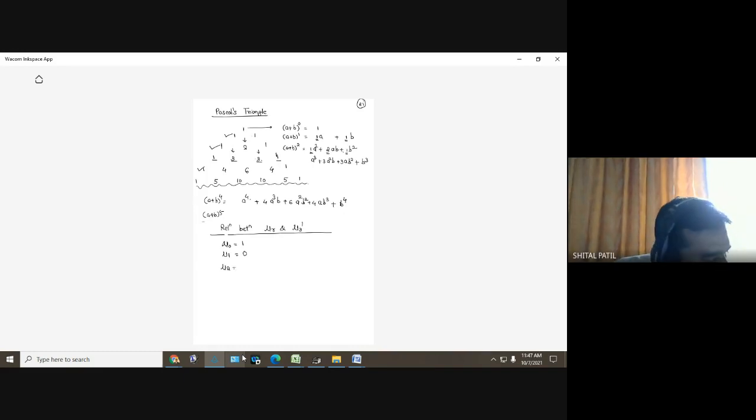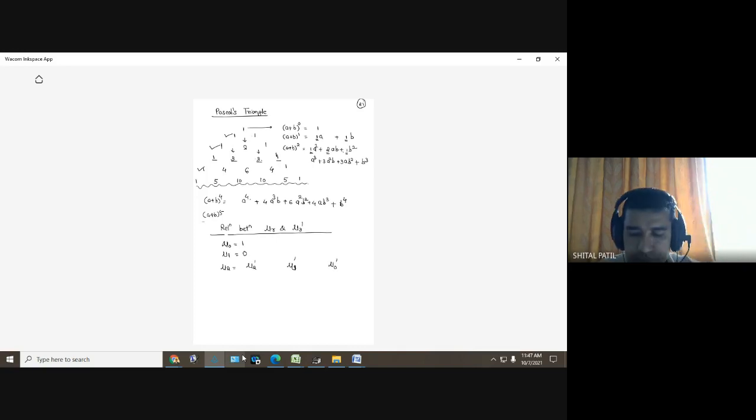Mu 2 is equal to, see, now understand. So mu 2 we have to write in this way: mu2 dash, mu1 dash, mu0 dash.